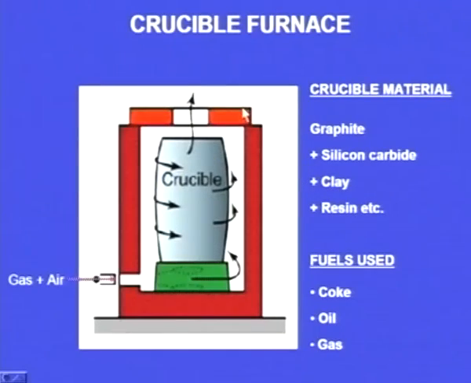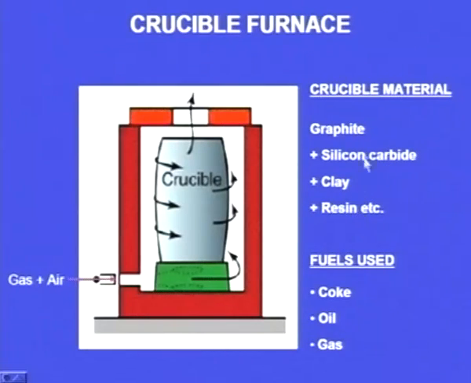This crucible furnace has been in use for a long time and it is very simple. It is made up of a crucible, and this crucible is made up of graphite plus silicon carbide plus clay plus some resin.